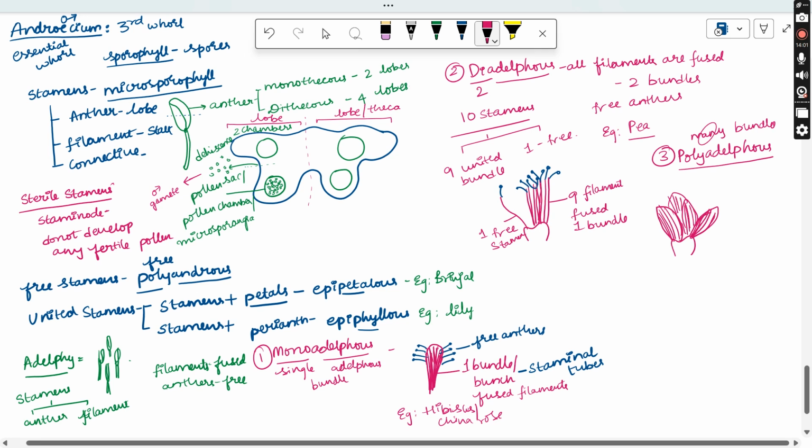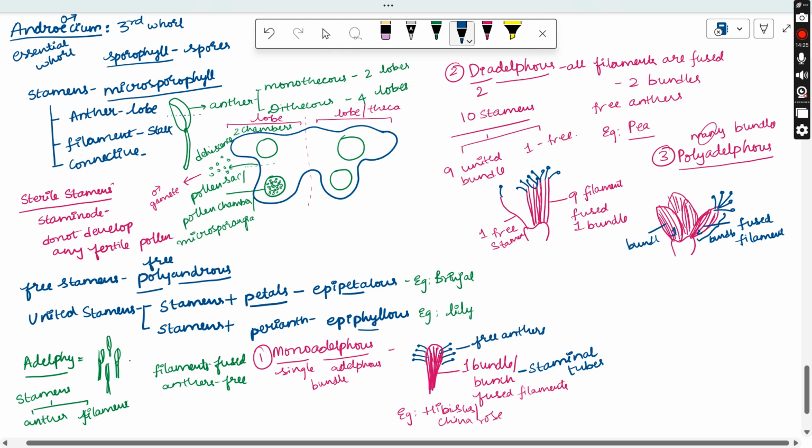Here another. So whenever all the filaments are fused, what is the fate of these anthers? You can find the free anthers here. So here these are fused filaments forming one bundle. This whole one is one bundle, and here also you can find the fused filaments. This is another bundle.